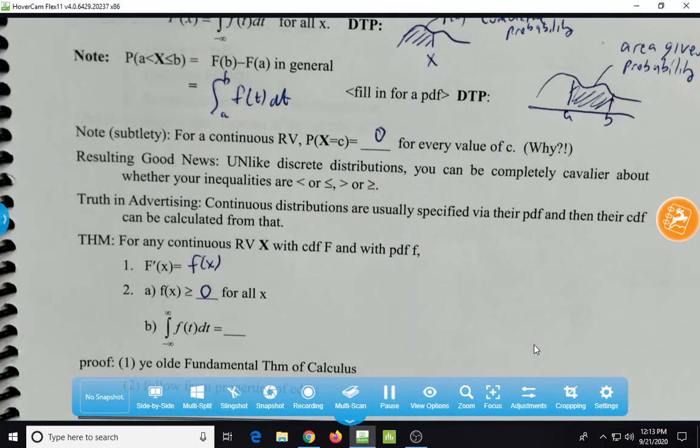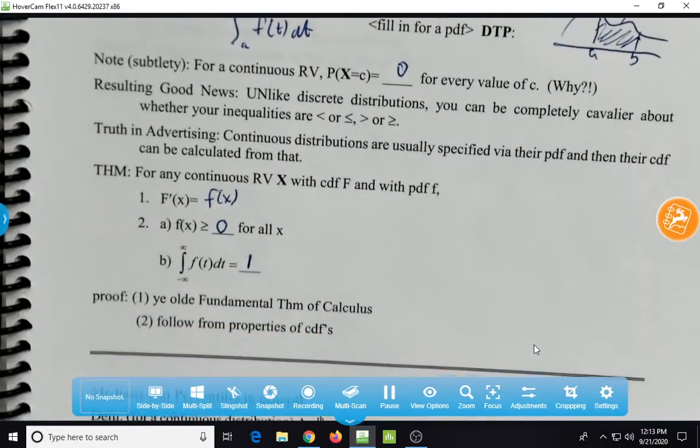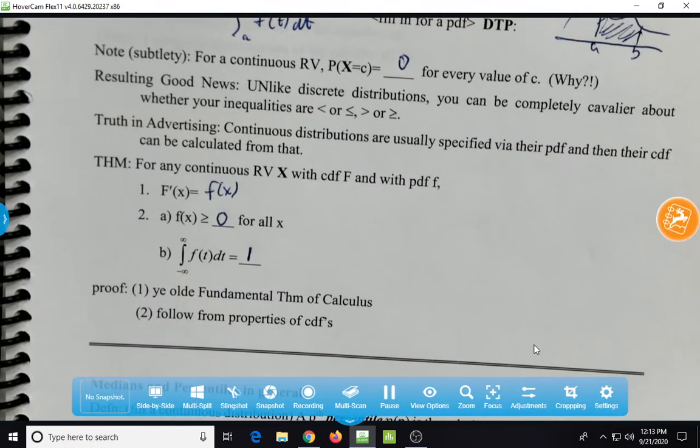And if you integrate from minus infinity to infinity f of t dt, you will get 1. Yeah, because that's a probability. It has to be a probability measure if that's going to work. The first one is just the fundamental theorem of calculus: the derivative of the antiderivative gives you the function itself.